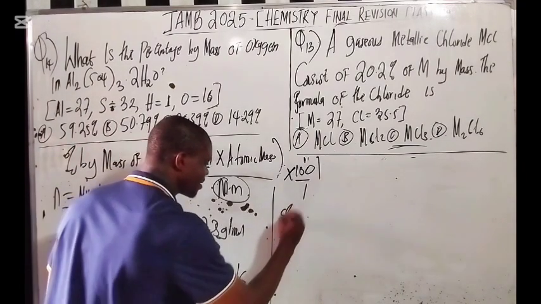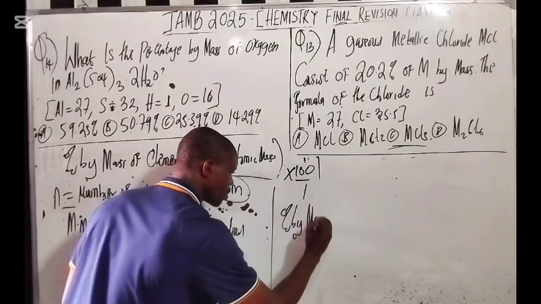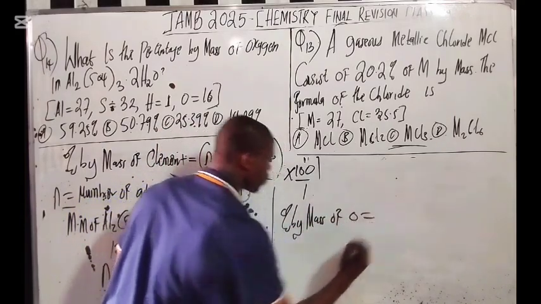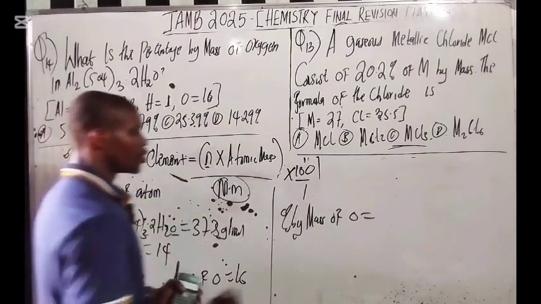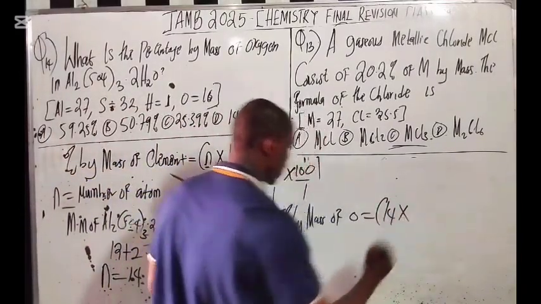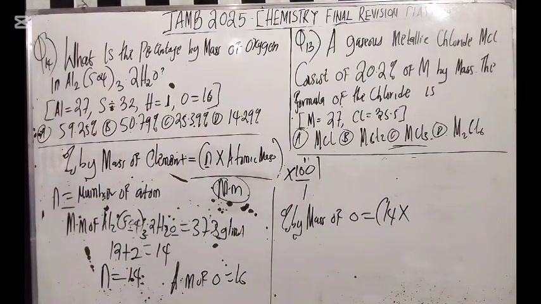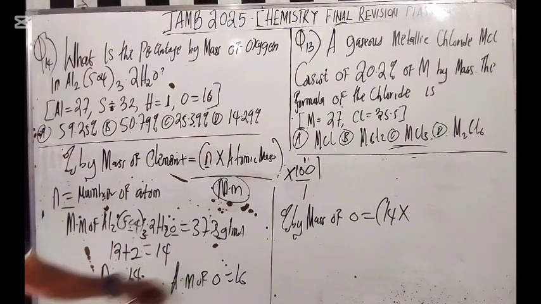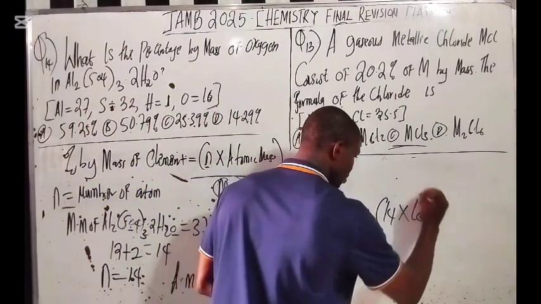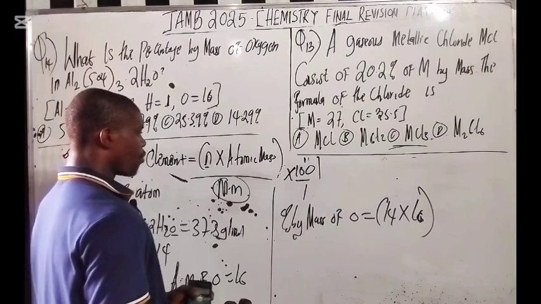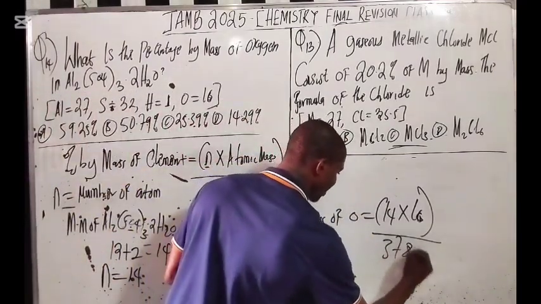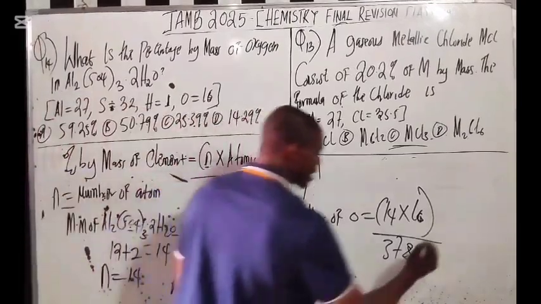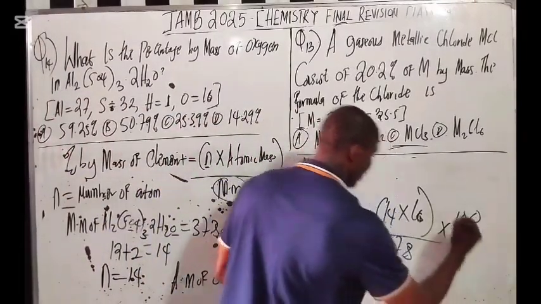So let's input everything into the formula now. So you can see that the percentage by mass of oxygen is equal to, where's my N? My N now is 14. So here we have 14 times, now what is my atomic mass? My atomic mass of oxygen is 16, right? Over the molar mass of the compound, which is 378, times 100 over 1.